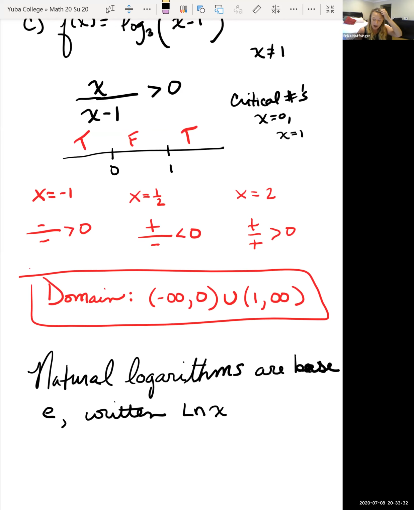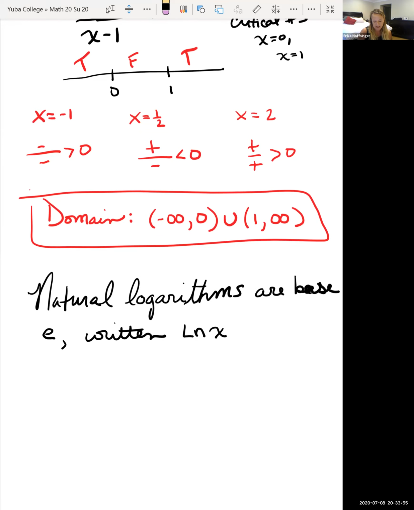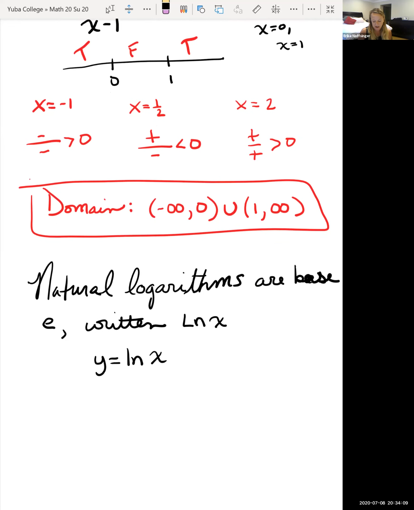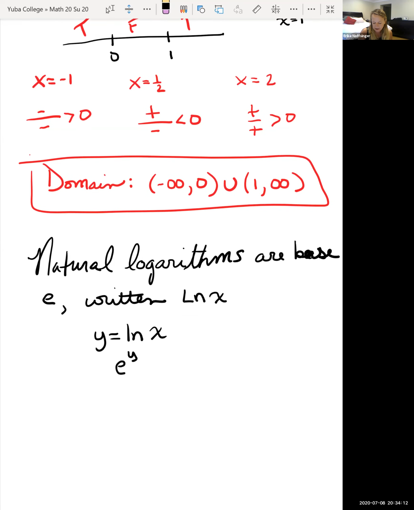I normally do a lowercase l, but I've been told multiple semesters that people have thought that was a 1, so maybe I'm going to do it capital L now. So ln is natural log. Basically, what this is saying is you're looking at what exponent you would raise e to in order to get back x. So by definition, if you had y equals ln of x, then e to the y equals x.